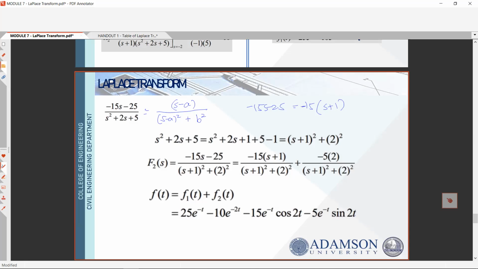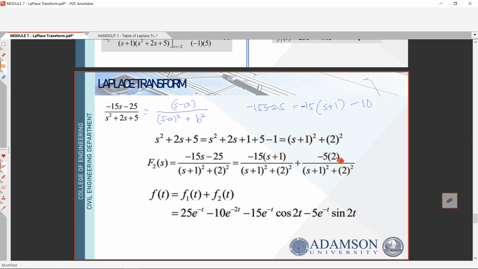So, dito negative 15. So, negative 15S, negative 15, negative 25. Kulang pa tayo ng negative 10. Tama ba? Negative 15 and negative 25 yung kailangan natin. So, kulang pa tayo ng negative 10. Okay? So, that is why yung ating simplification is ganito. Negative 15 (S plus 1), negative 10 over (S plus 1) squared plus 2 squared.